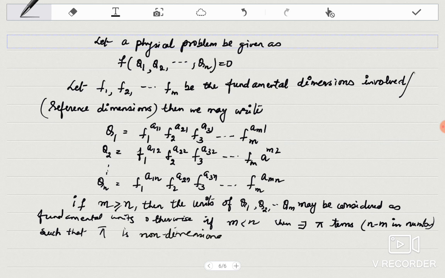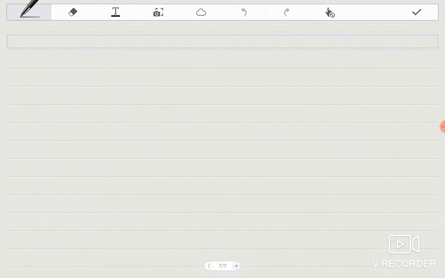Naturally this non-dimensional number will be written in terms of these quantities. So how will I write this pi? Pi is equal to q1 raised to the power x1, q2 x2 and qn xn.